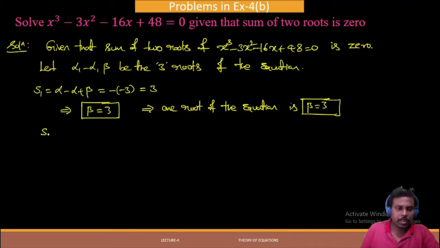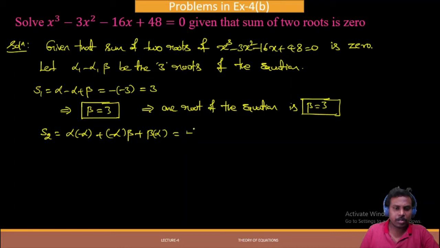Let us take S2. S2 is equal to what? Alpha into minus alpha plus minus alpha into beta plus beta into alpha. That is equal to minus 16.